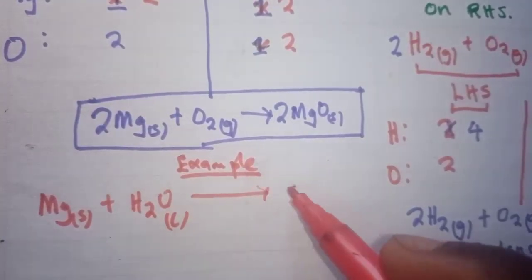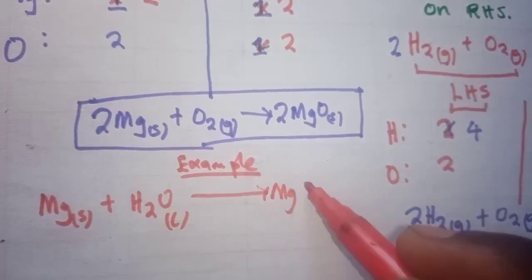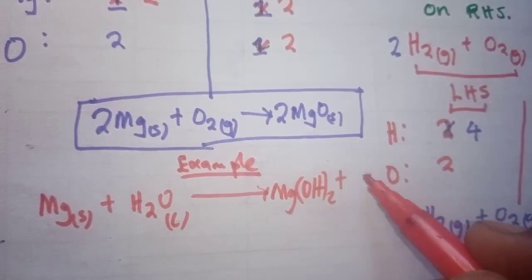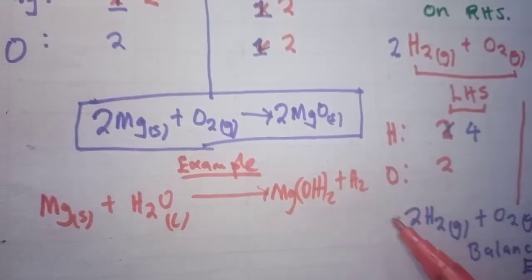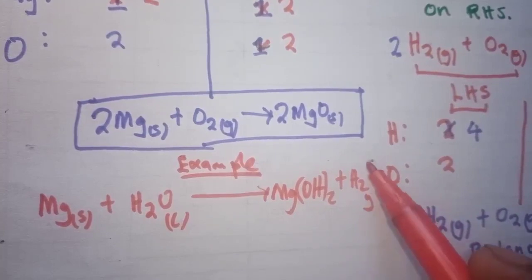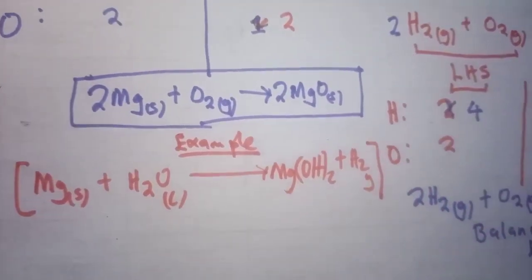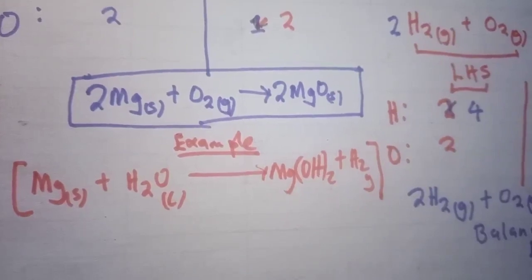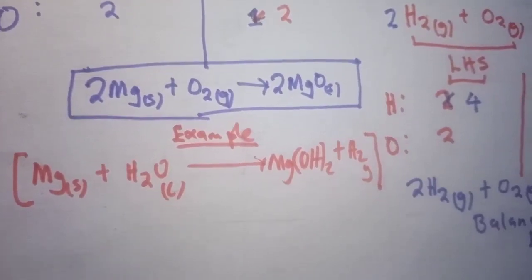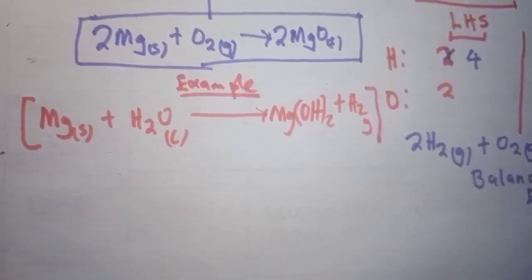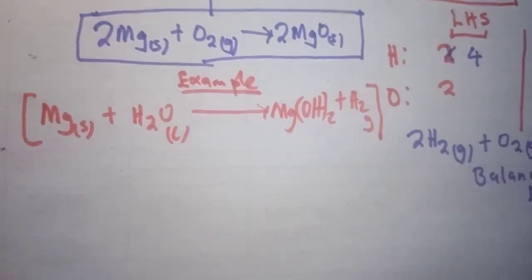This will give us magnesium hydroxide plus H2 gas. Okay, so that is the equation. Let's see if it's balanced. So you have magnesium reacting with water, giving us magnesium hydroxide plus hydrogen gas.